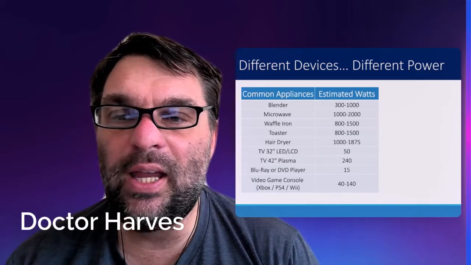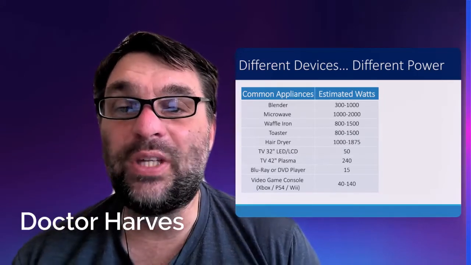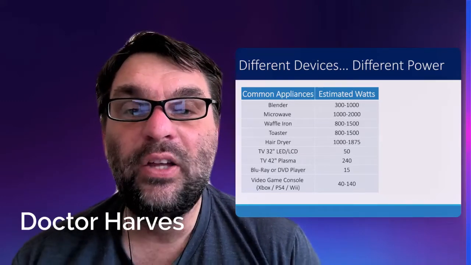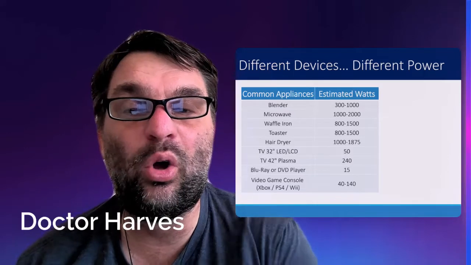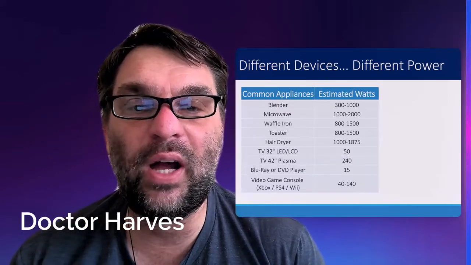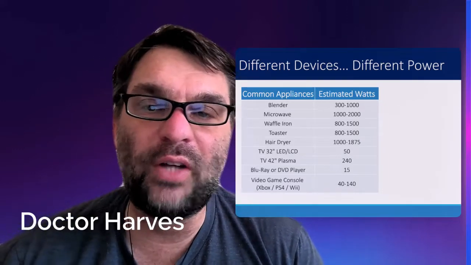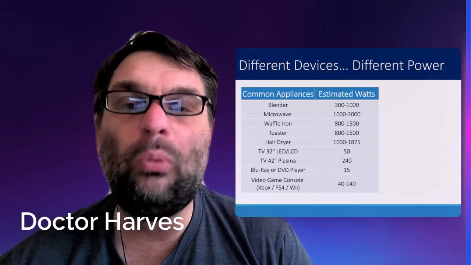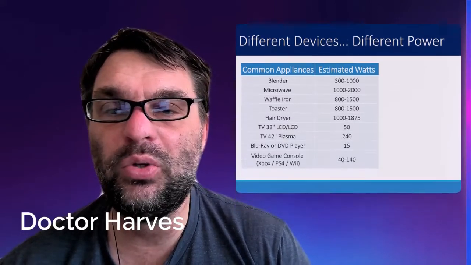Essentially it requires a lot more energy per second to, say, heat water or heat air. So something like a hairdryer requires a lot more power, a lot more joules converted per second to dry your hair, than, say, a DVD player. Different devices with different jobs in the house require different power values.